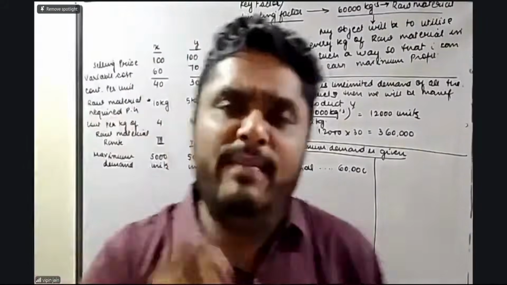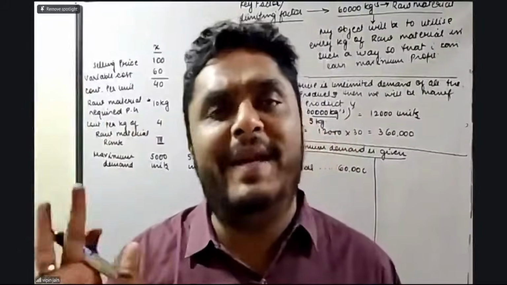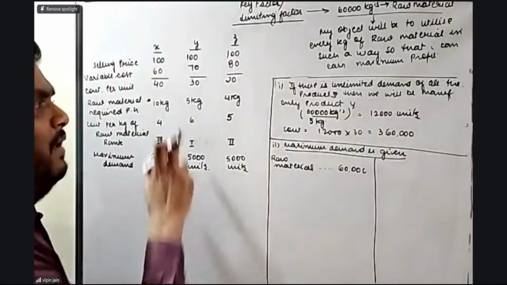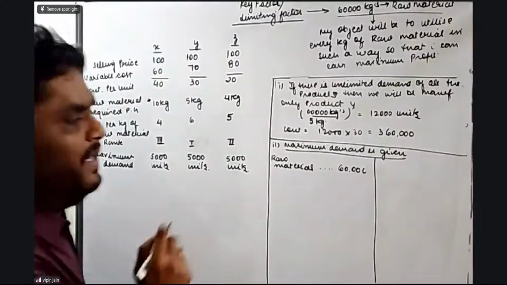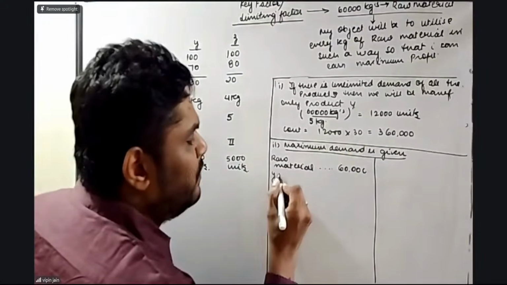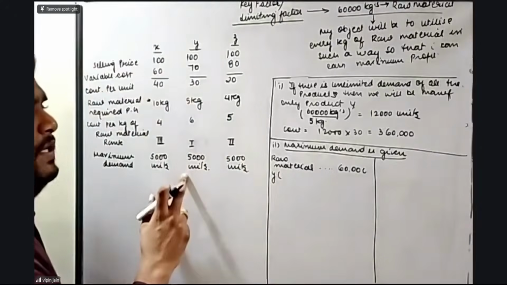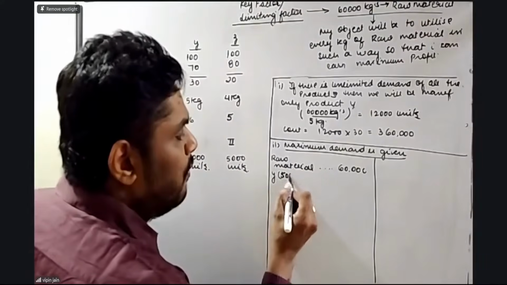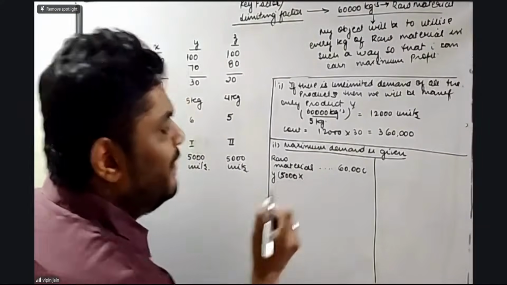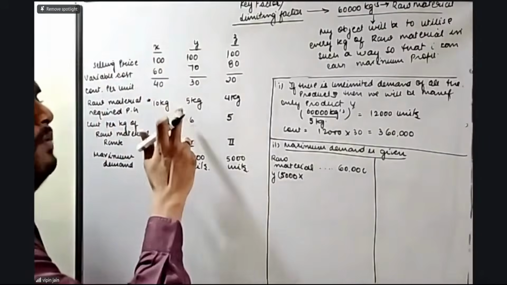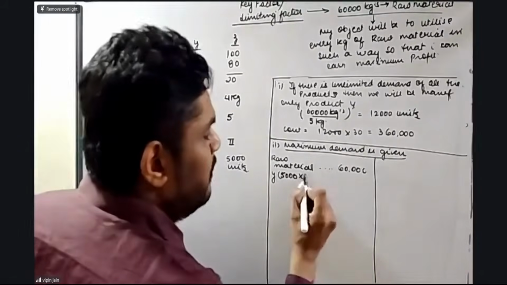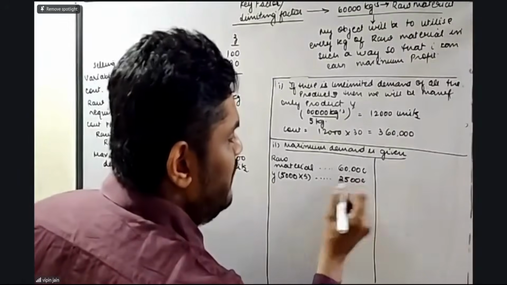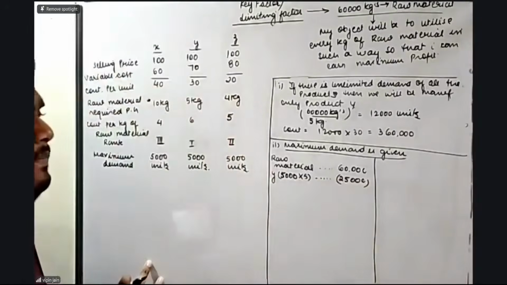We will first of all manufacture all the 5,000 units of Y because we are getting the highest profit in case of Y. If we manufacture full 5,000 units, per unit how much kg is required? 5 kgs. So it means 25,000 kgs will be utilized to manufacture product Y.